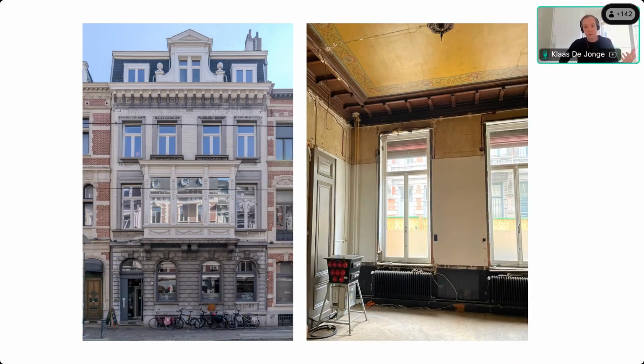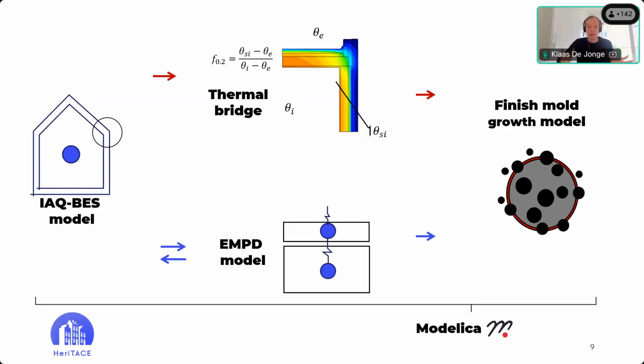So that's why in the project we opted to take a step back and not only try to solve it by design, but really look into combining our building simulation models, which are a combination of thermal and airflow models. We couple it to a thermal bridge estimate, so to have an accurate surface temperature.